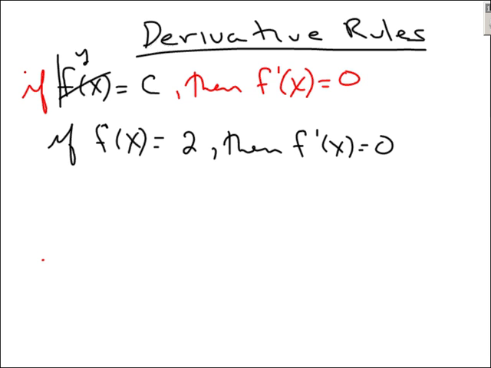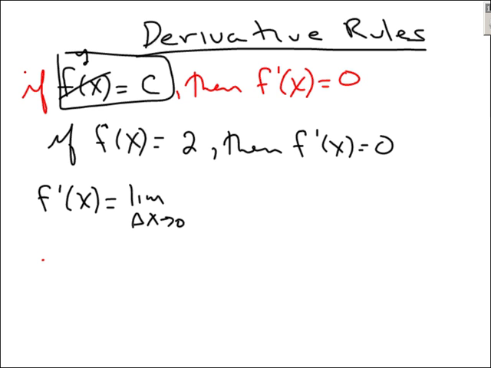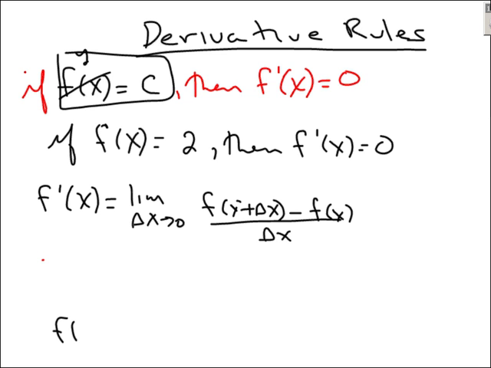By definition, f prime of x is the limit as delta x goes to 0 of f of x plus delta x minus f of x, all over delta x. Now f of x is a constant. F of x is equal to c, some number.